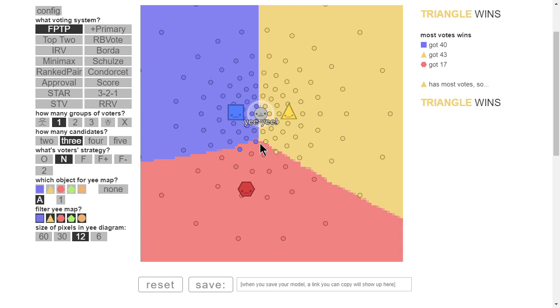He didn't make any that were based on candidates, he just based them around voters. So I kind of extended that with this simulation. And so this is just a word explainer saying what a Yee diagram is and how you can see basically what's happening in an election with a Yee diagram.